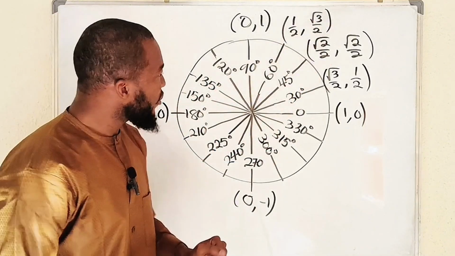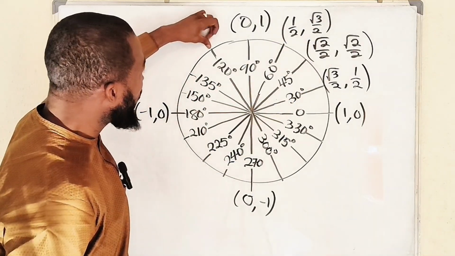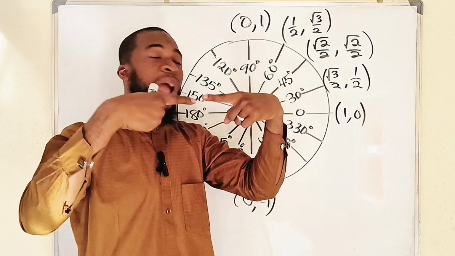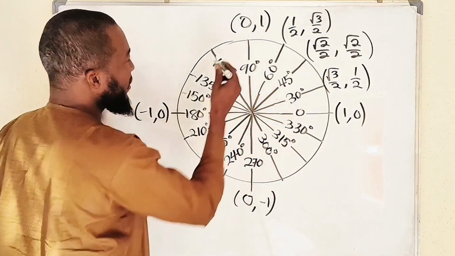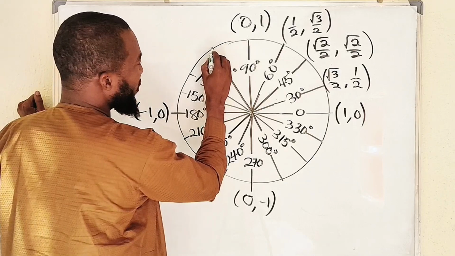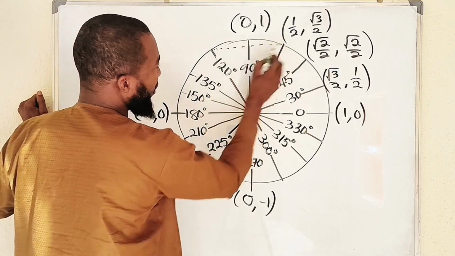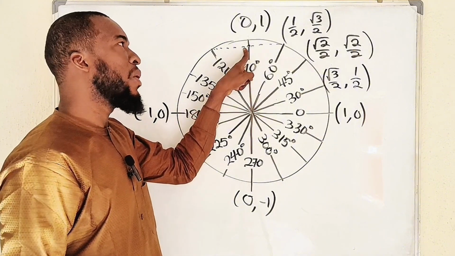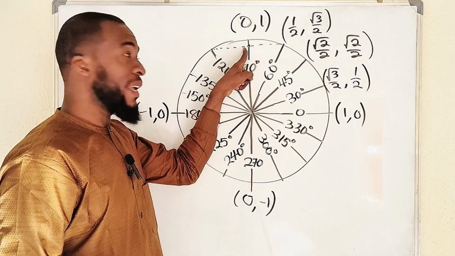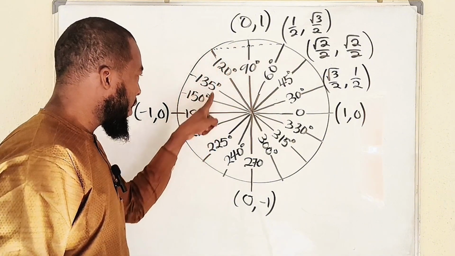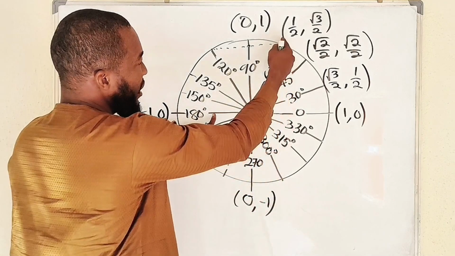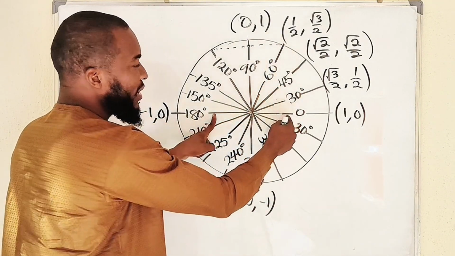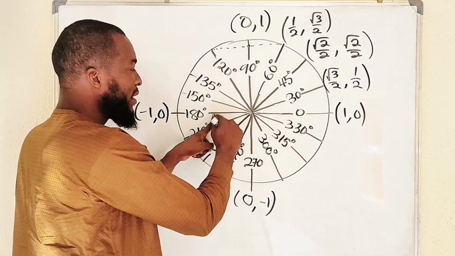If you come to the second quadrant, you should know that 120 and 60 have the same value of y, because look at the value of y here. You see that they all meet at this point, therefore they will have the same value of y. And that value of y is sine. Now if you come down here at this point, it will correspond to the value of x under 60, just that this will be positive and this will be negative.